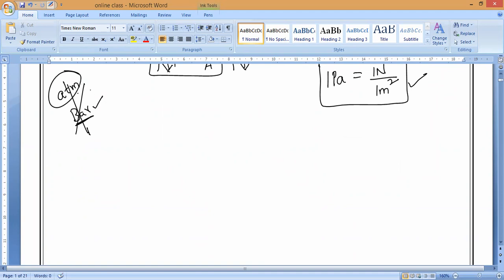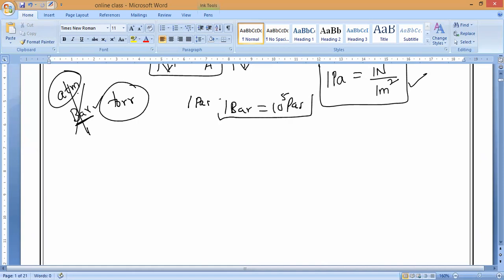Bars, ATMs, torr, these are all units of pressure only. For example, 1 bar is equal to 10 power 5 pascals. Like that, we have relations. We will study all that whenever the situation needs, I will say.